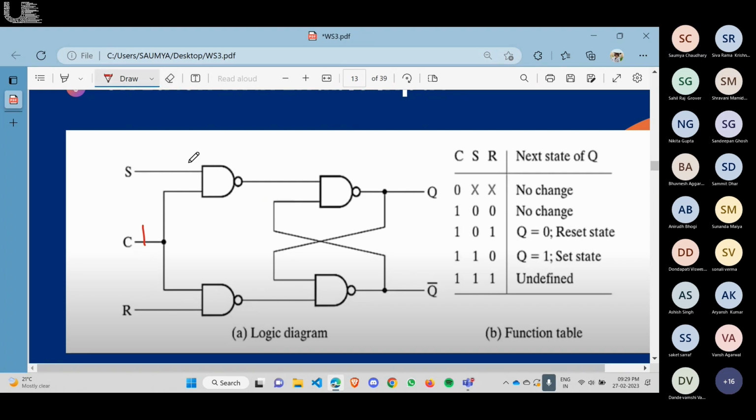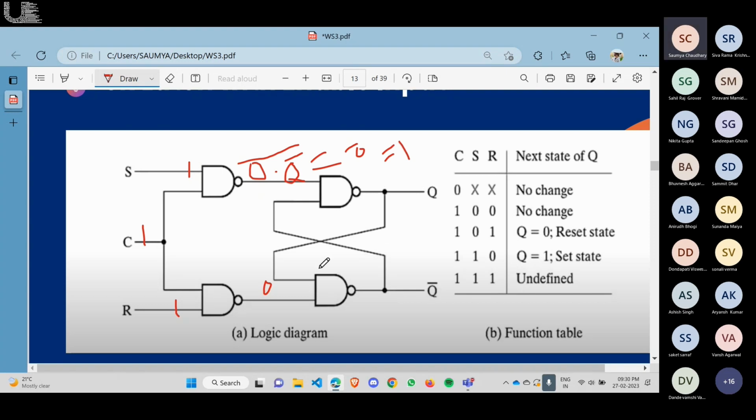Then it is 1 and 1. We will get 0 here. Let's do this once again. Here the enable is equal to 1, and here you are getting Q is equal to 1.